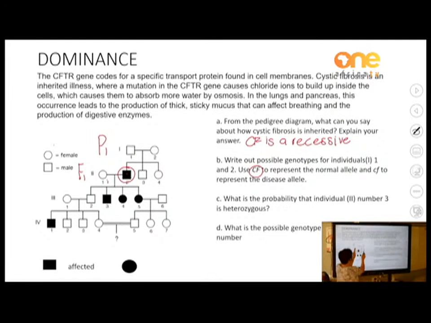So although the parents are unaffected, they did produce an offspring that has cystic fibrosis. Therefore, it is a recessive allele.